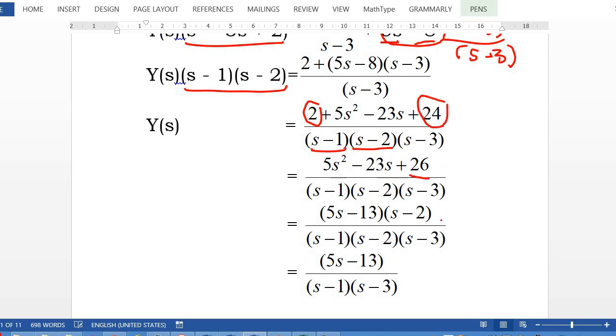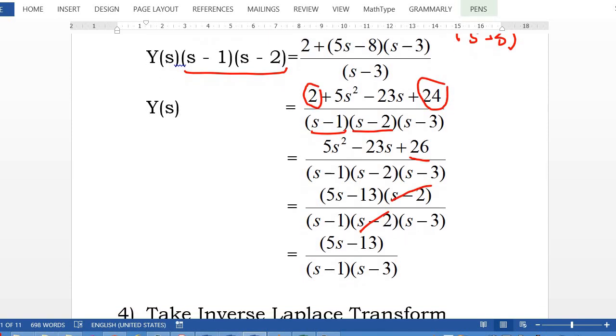Then we factor the numerator into 5s minus 13 times s minus 2. You can cancel out the term s minus 2, so just 5s minus 13 is left for the numerator, and the denominator has two linear terms, s minus 1 times s minus 3.